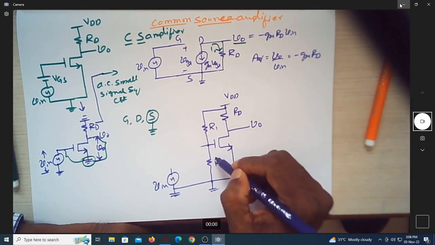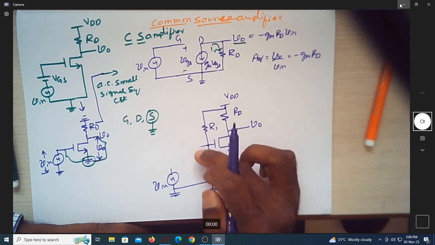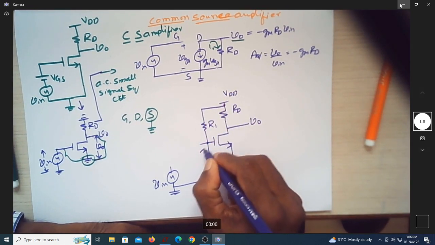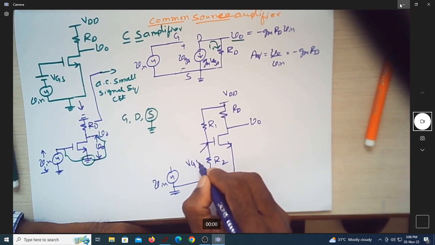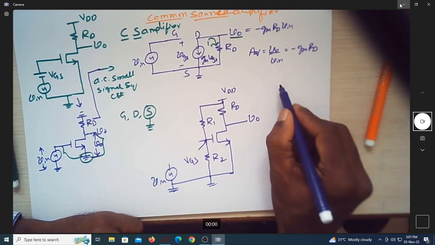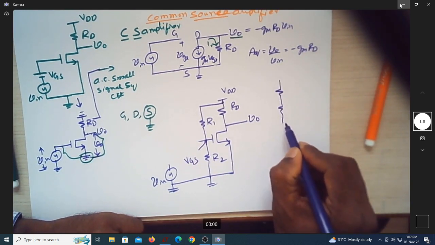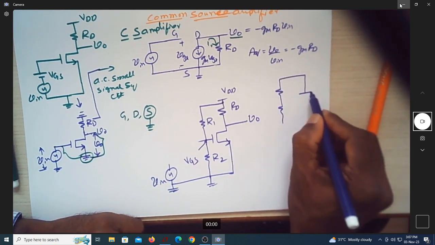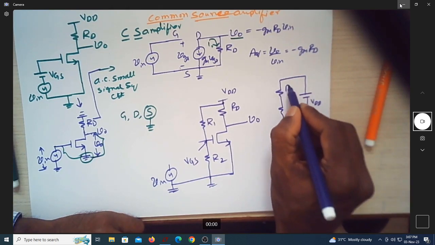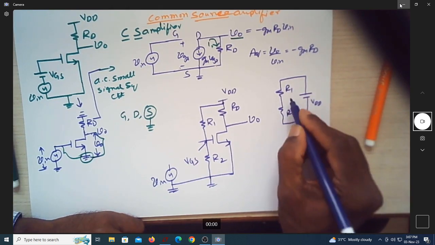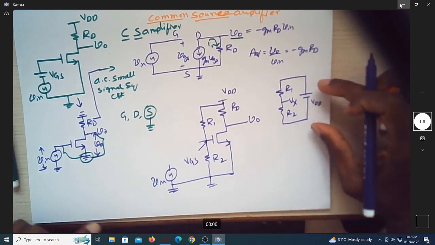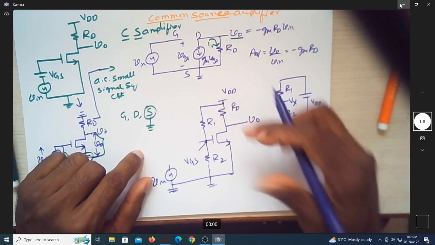Now R1 and R2 are connected in such a way that VDD and R1, R2 will give me the required VGS here. Using the potential divider concept, suppose you have a VDD here, and this is R1 and R2, and you want to know what this voltage Vx is.